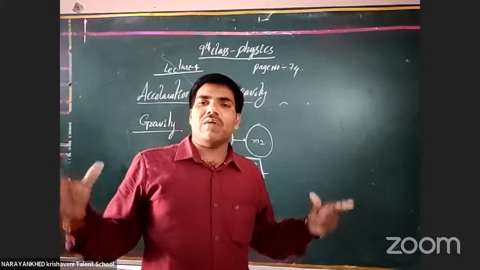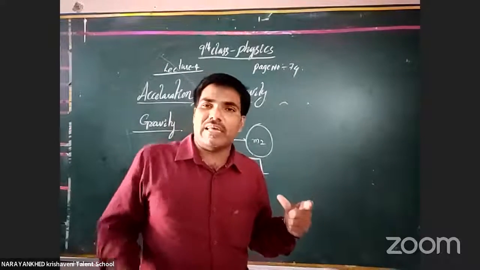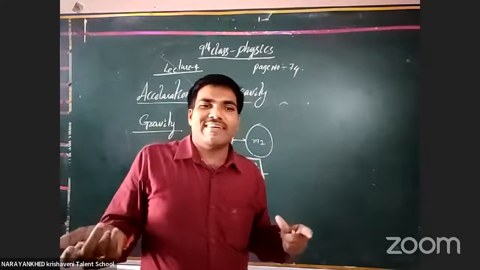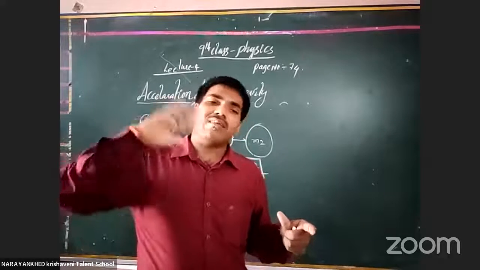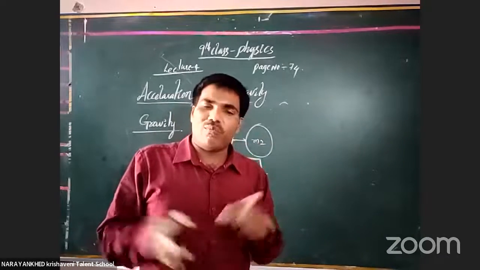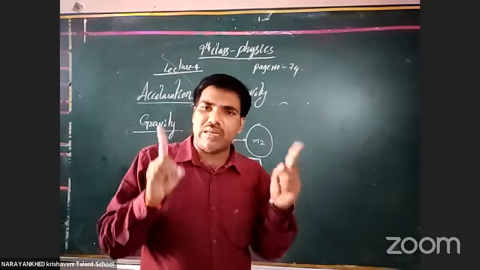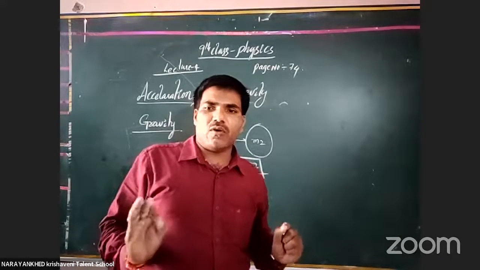That is why we look like we are coming towards the earth. We don't know it, but the earth is also coming towards us. We attract the earth, and the earth also attracts us. Understood, all of you? Every two things are compulsorily attracted to one another. I hope you got this information.